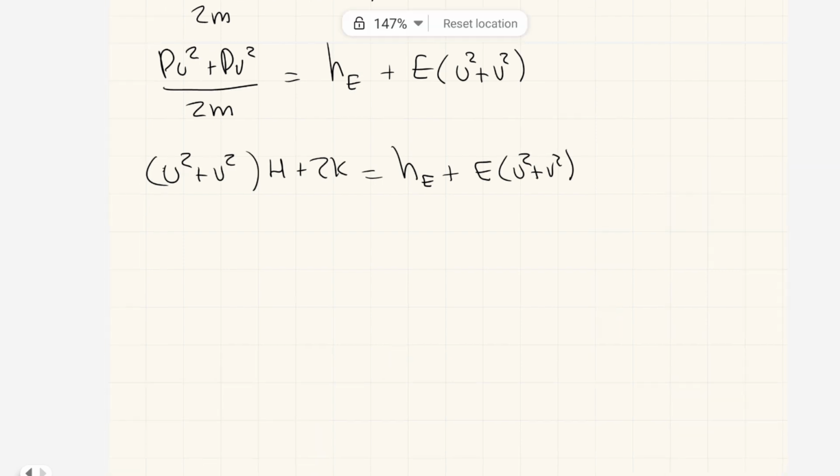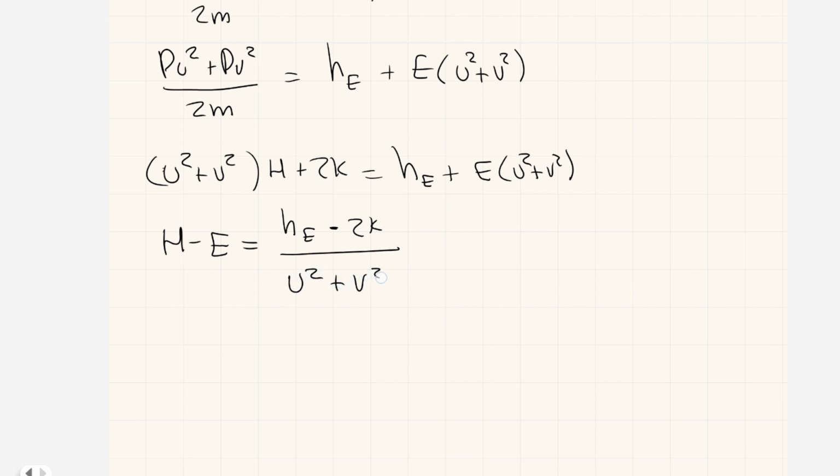If we manage this expression, we will get that h − e is equal to (he − 2k) divided by (u² + b²). So again, this is a relation between h and he, and we will see later that this h sub e is going to correspond to a new Hamiltonian.